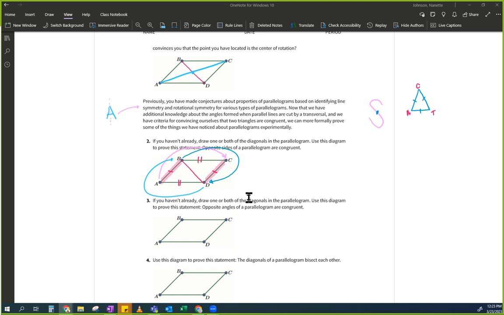Okay, similarly, let's look at this guy. When I spin the side AD, who does AD land on? Who does AD land on? Oh, you can check it. Hold on. Give me that. Who does that land on? Who does AD land on?